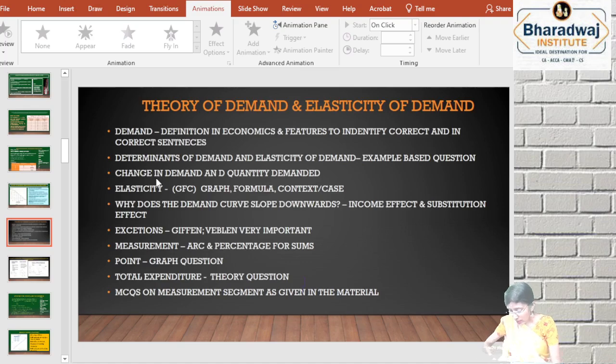So take down this sum, please. Arc method. Write the formula for arc method. That's it. Because once you write the formula, you can insert numbers and do it. Write the formula for arc method.